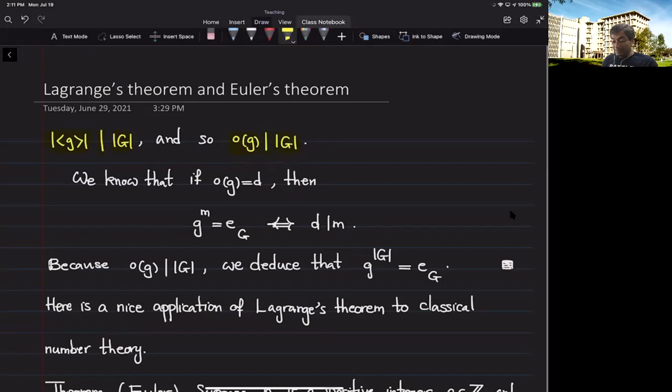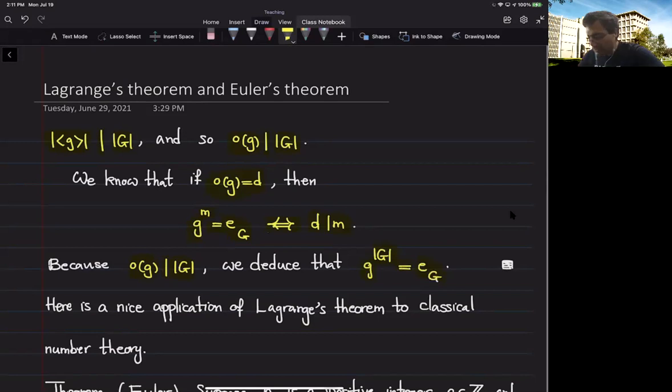Now remember, if the order of g is some number d, then g raised to some integer power n is the neutral element precisely when d divides n. Now, when I tell you that the order of g divides the cardinality of the group, you deduce that g raised to the power of this integer is the neutral element, and that's exactly what we claimed.